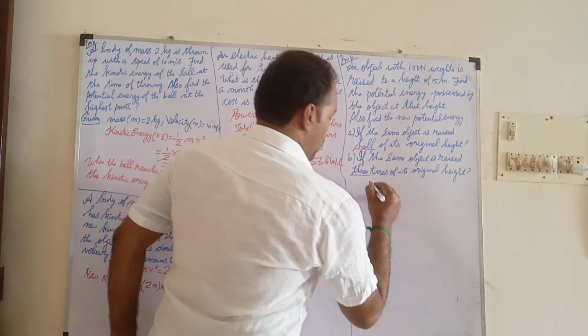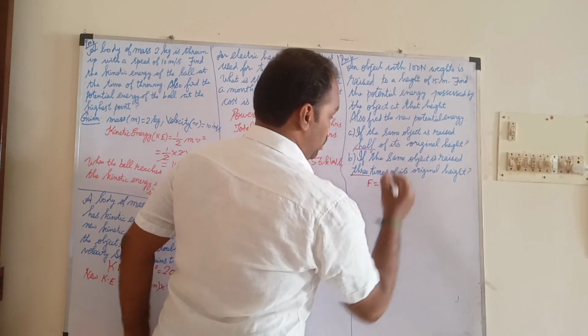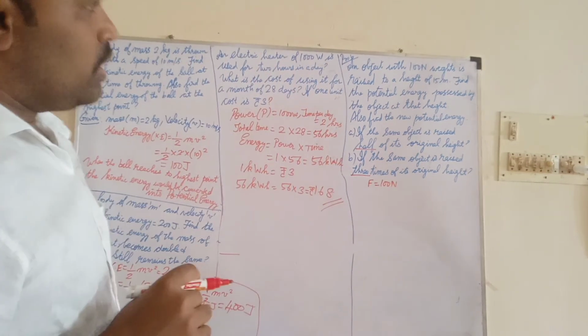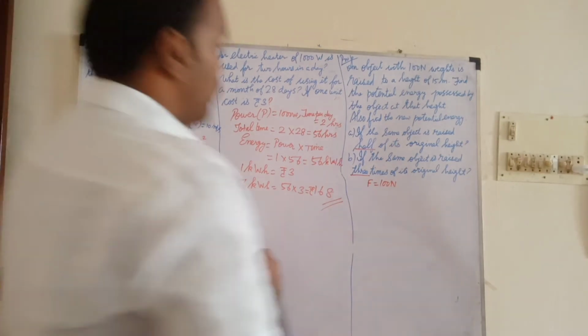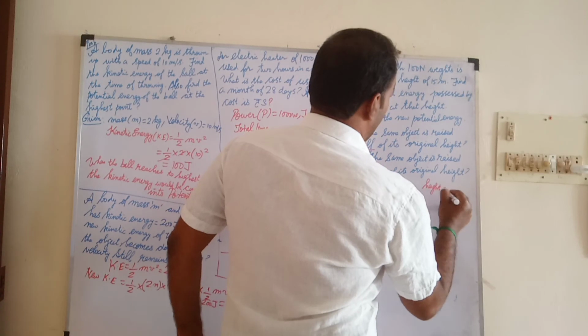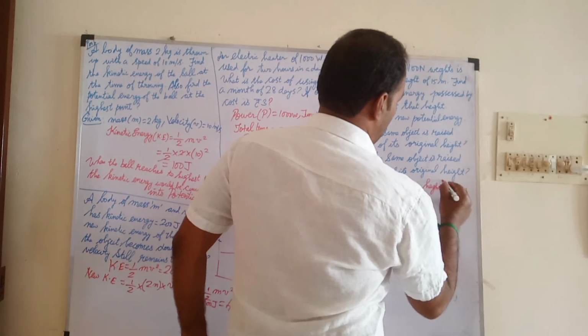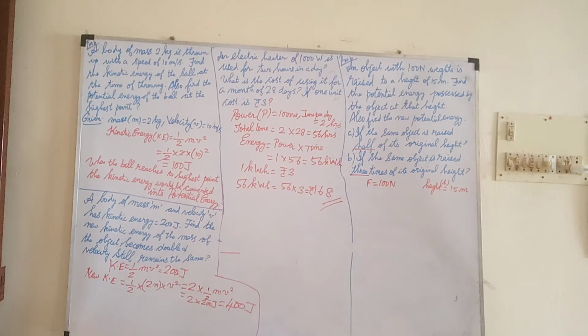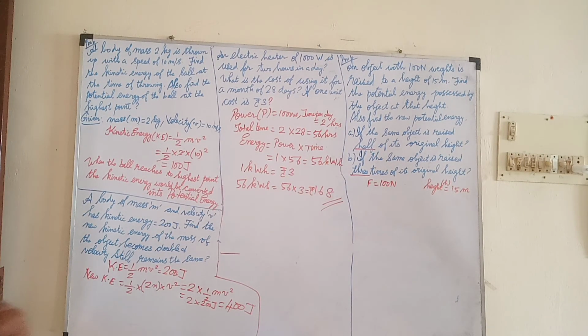Now, an object with 100 Newton weight is raised to a height of 15 meter. So force equal to how much? 100 Newton. Height is how much? 15 meter. What is the formula for force?